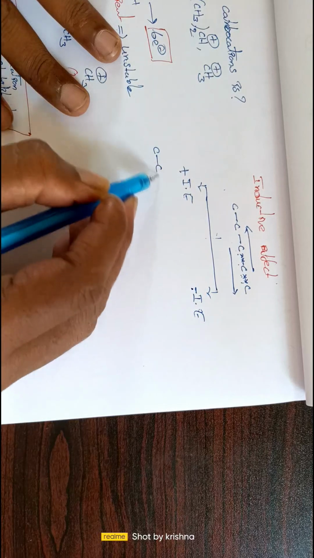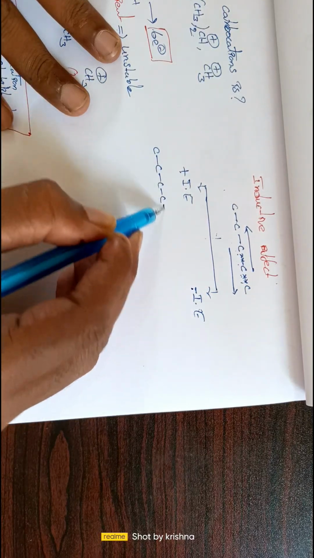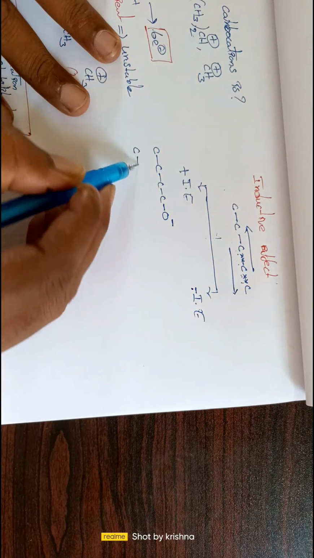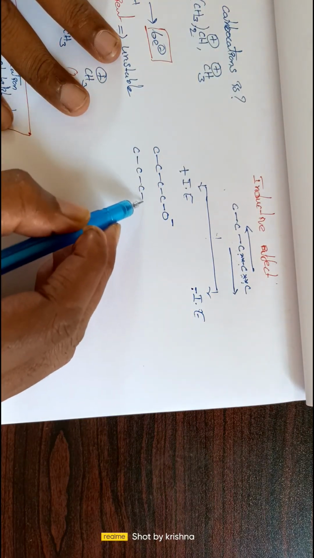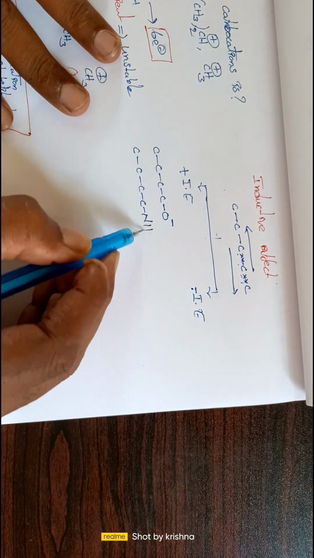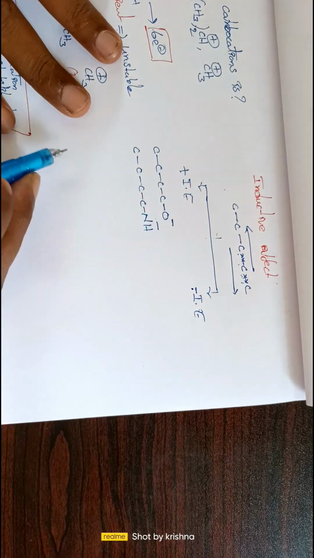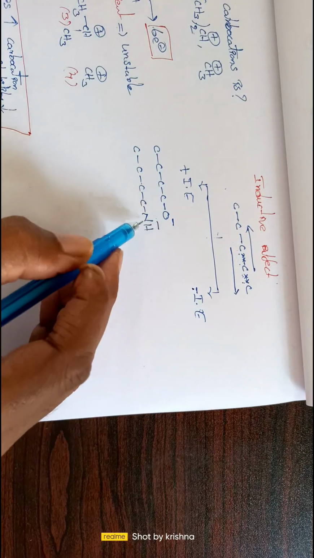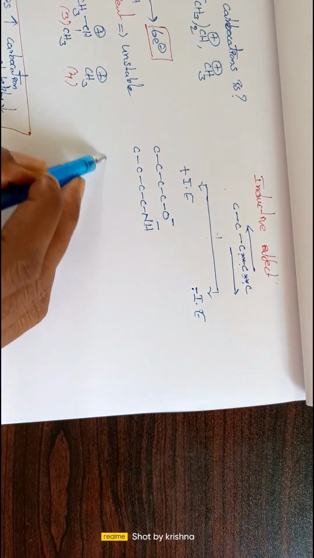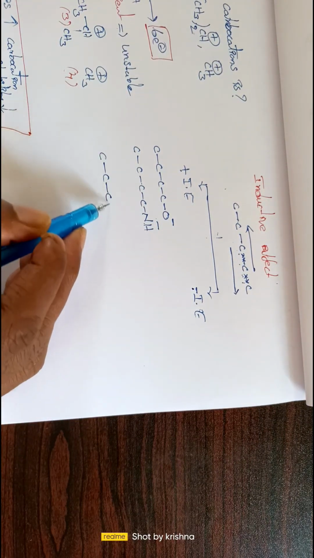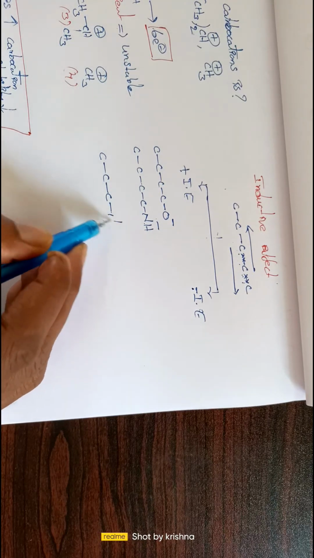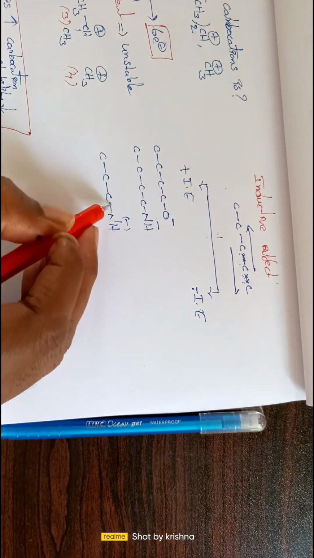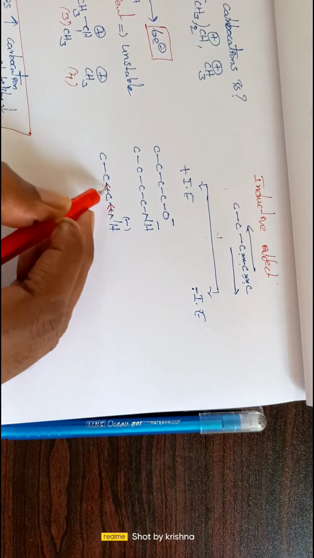To this carbon chain, suppose oxygen is connected, oxygen having a negative charge, or NH is connected, NH having a negative charge. Negative charge means extra electron density. So to this saturated carbon chain, oxygen or nitrogen is connected, and the extra electron density moves towards the carbon chain.